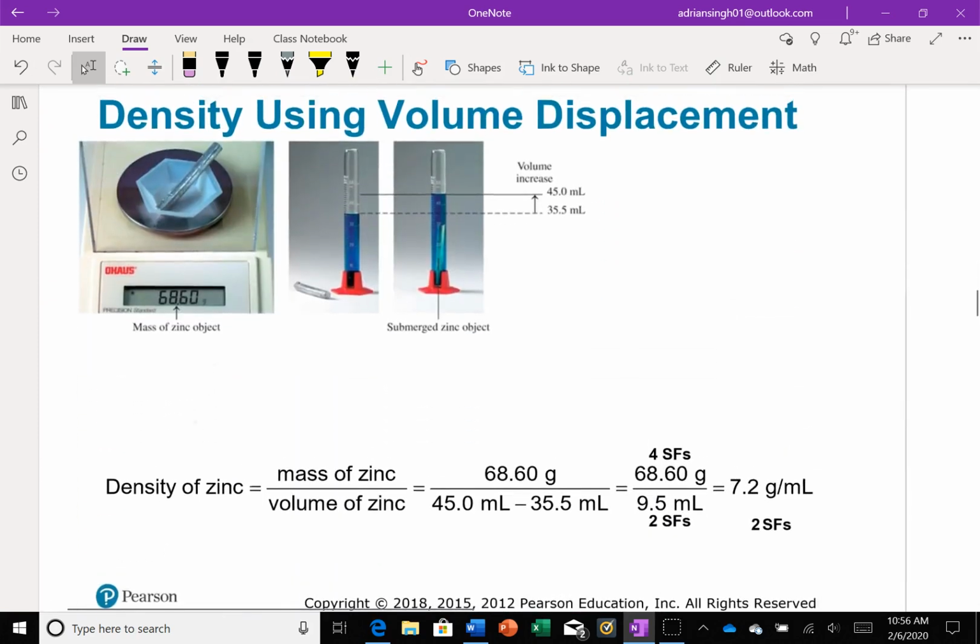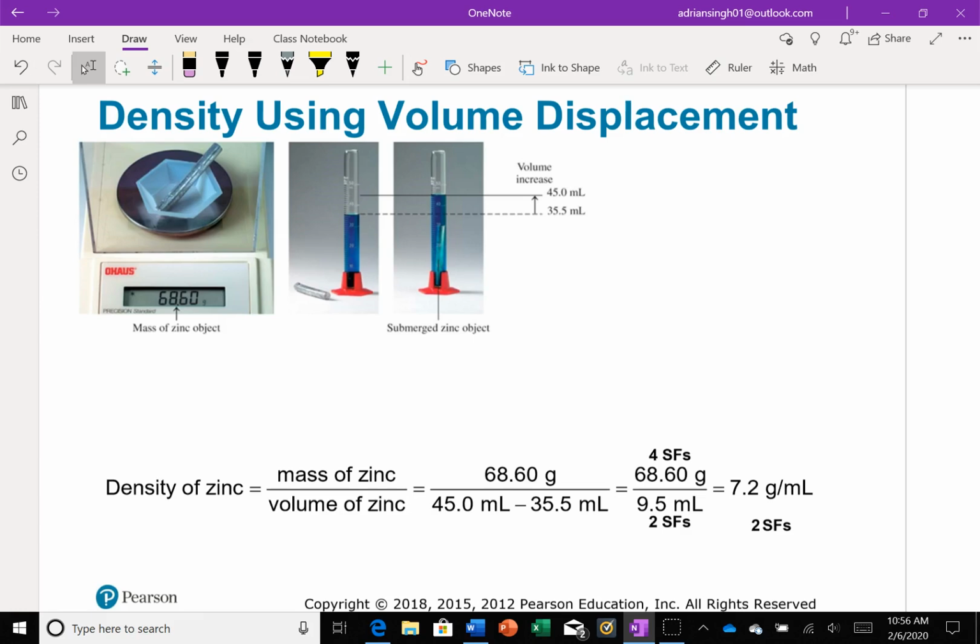So when it comes to measuring density in the lab, some of you had lab this week, some of you didn't because of the snow day. But there's a very common technique called displacement, where we can actually measure the volume of a substance, and that together with the mass we can use to measure the density.